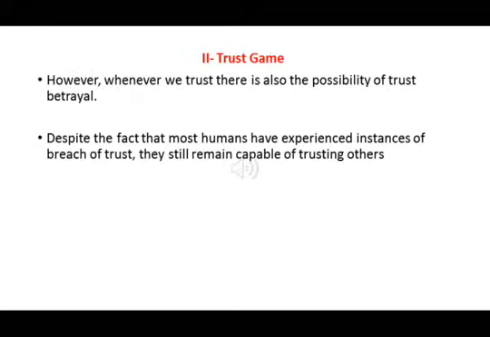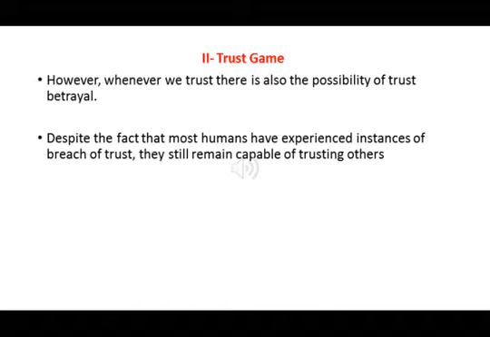So we saw how trust is an important factor in almost all human interactions. We also saw how it is an important factor to economic growth because it leads to huge reductions in transaction costs.